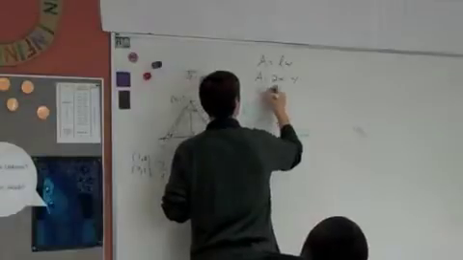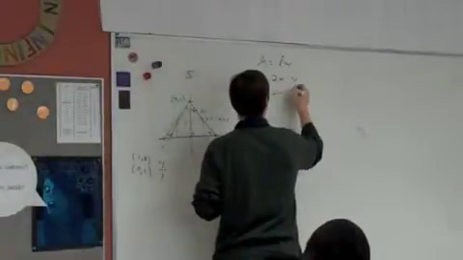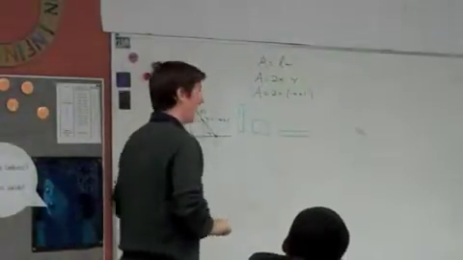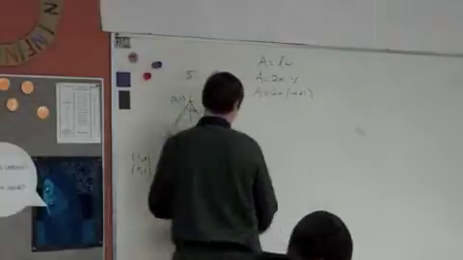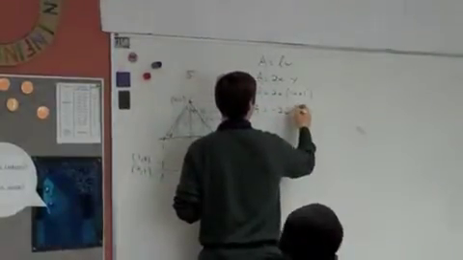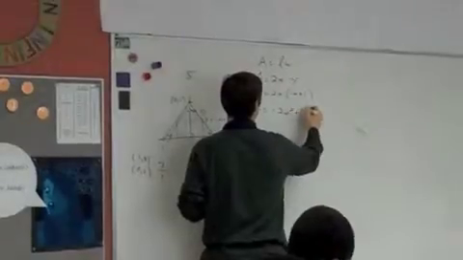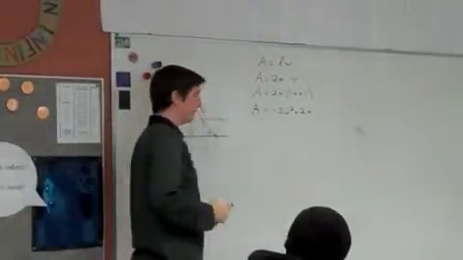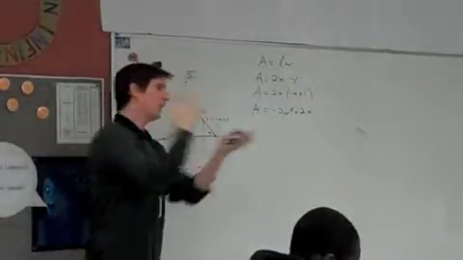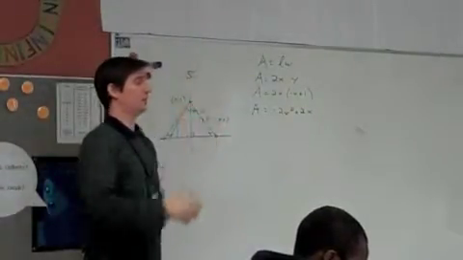With that, I have an area equation just in terms of one variable. And if I multiply it out, I have an area equation. Now what can I do with my area equation, Anna?